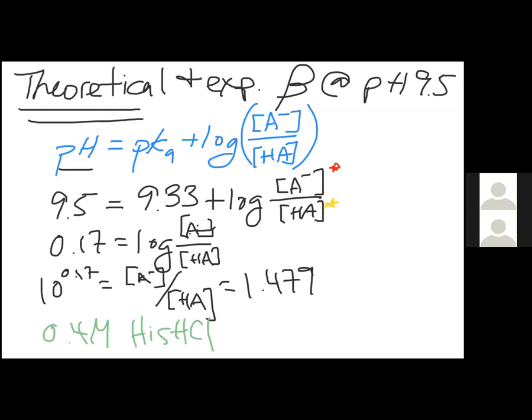But when you actually did your titrations, you only took a 25 mL aliquot of that buffer, and then added an equal volume of deionized water. So you actually weren't titrating 0.4 molar histidine hydrochloride. You're actually titrating 0.2 molar histidine hydrochloride that entire time.